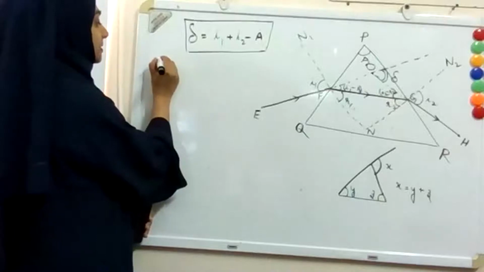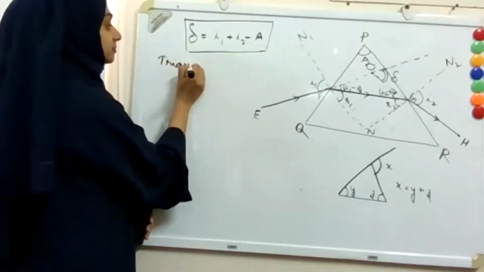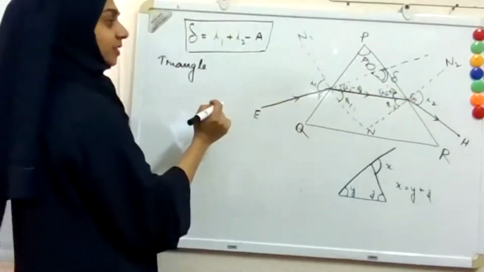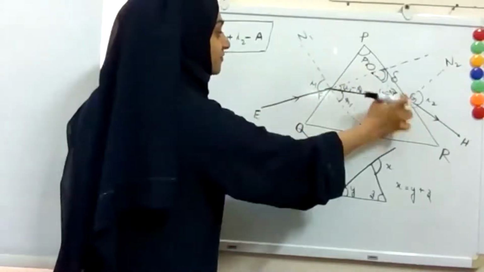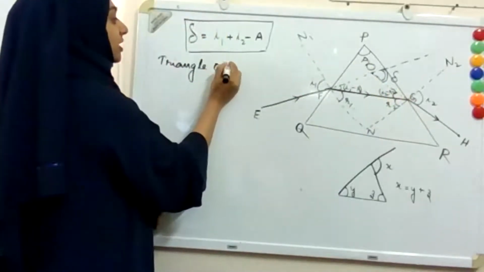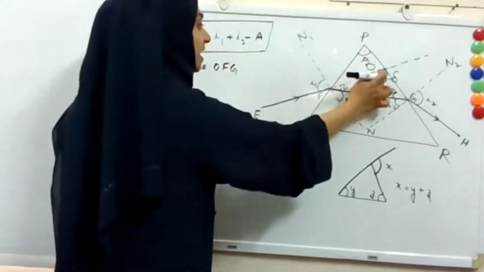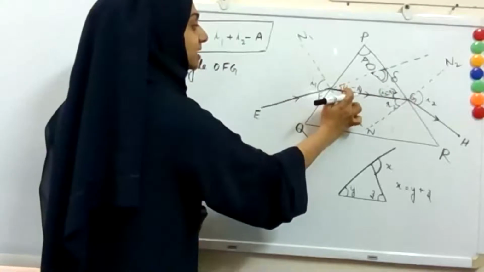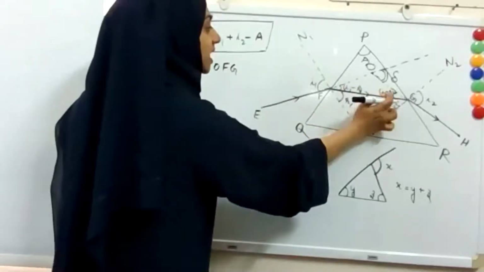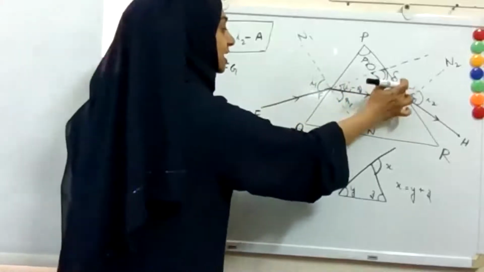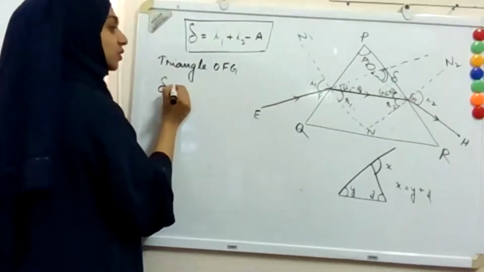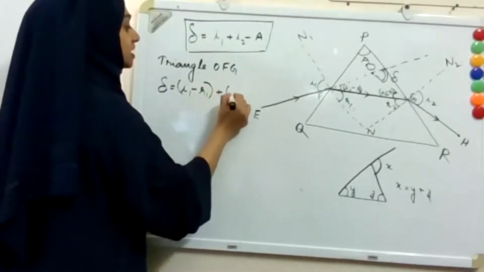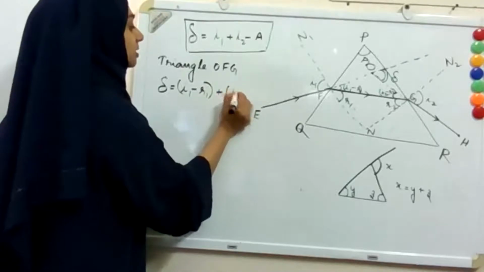Consider triangle OFG. From that, we can tell delta is the external angle and the internal angles are I1 minus R1 and I2 minus R2. So I can write delta is equal to I1 minus R1 plus I2 minus R2.